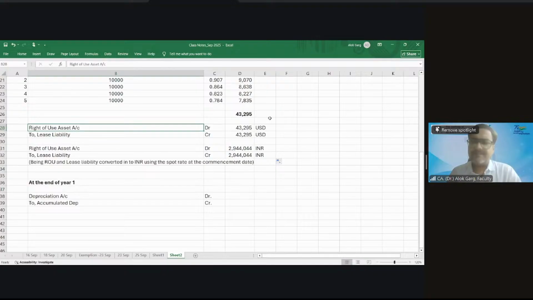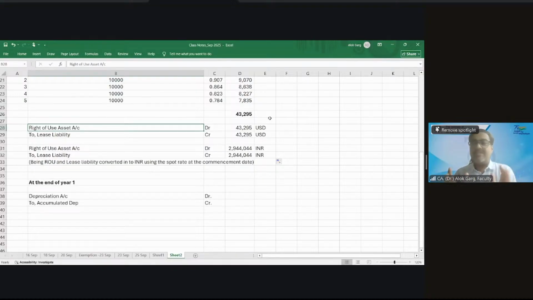So friends, your foreign exchange standard says that, be it accounting standard, Ind AS, IFRS, whatever, monetary items have to be restated on the closing rate. Monetary items are required to be restated at the reporting date, but non-monetary items continue at the historical rate.